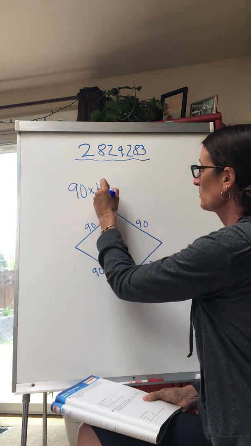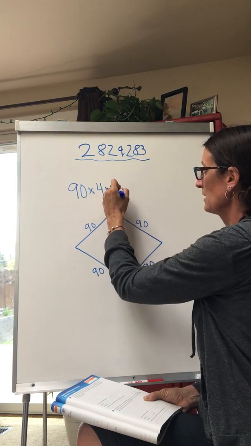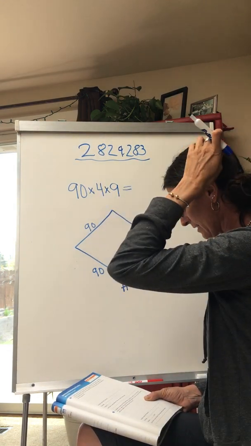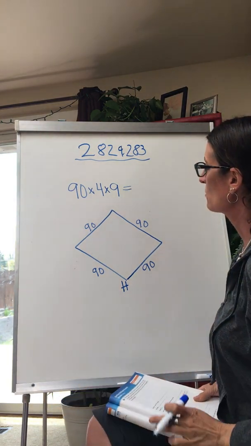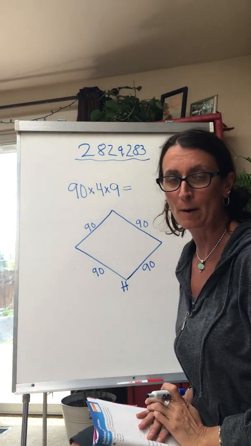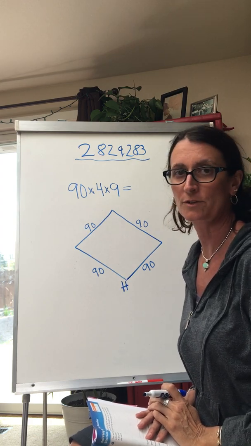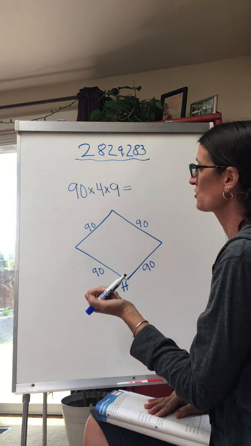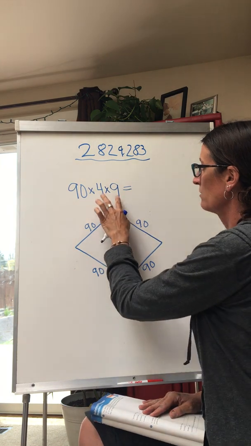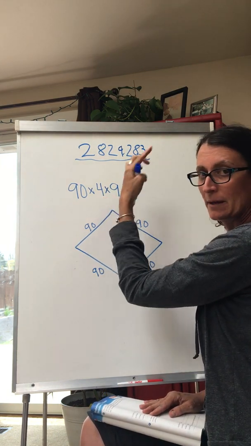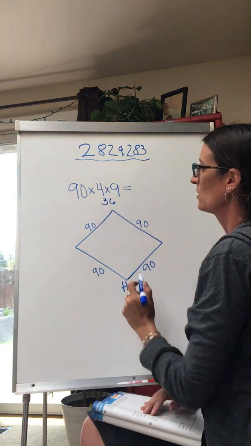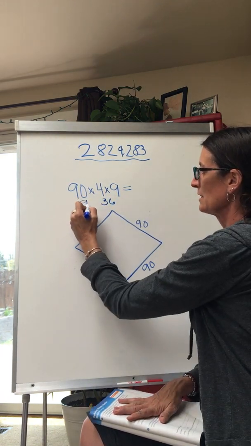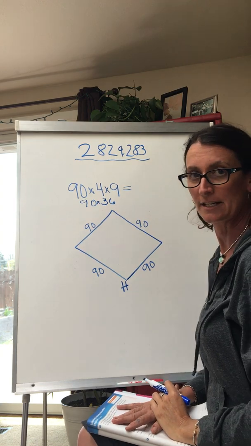So we can just multiply that 9 times, and that will tell us how many total yards the players ran. And so, again, with that commutative property, you can do things in any order you want. So I'm just going to start with 4 times 9, because I can do that in my head. I know that 4 times 9 is 36. So my new problem is 90 times 36.